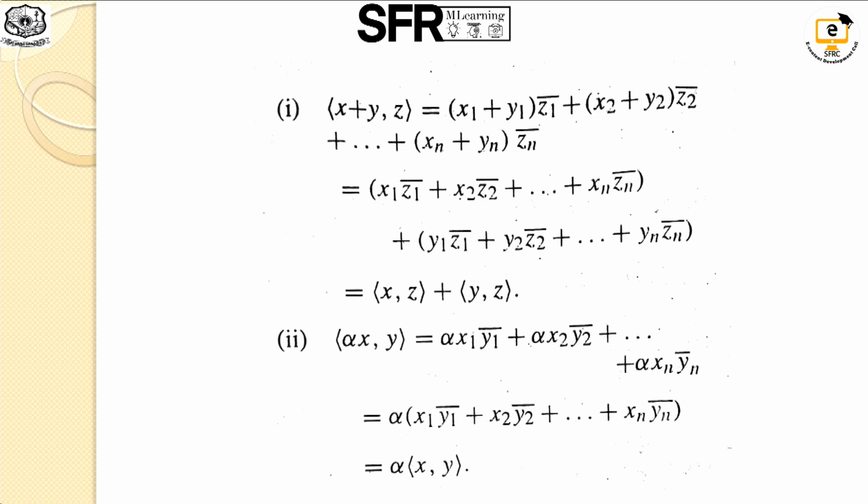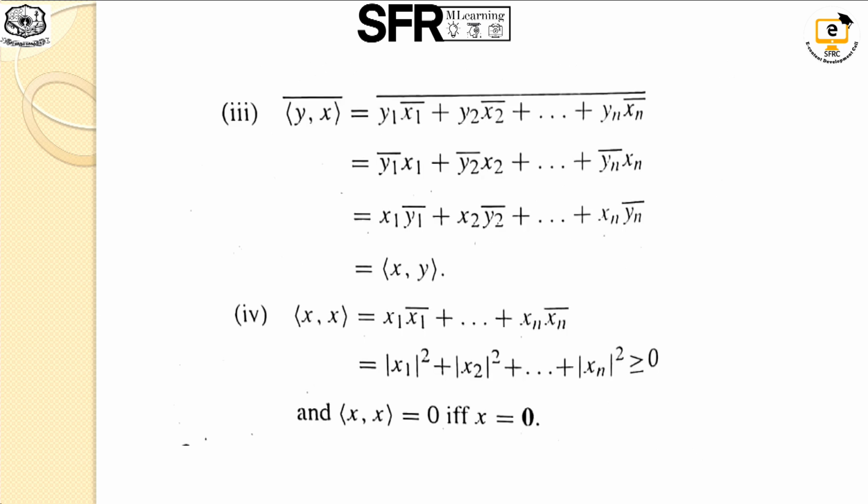Finally we get alpha times inner product of x comma y. Next, the third axiom: the conjugate of inner product of y comma x equals inner product of x comma y. Here we use the complex number property that the conjugate of z bar is again z.